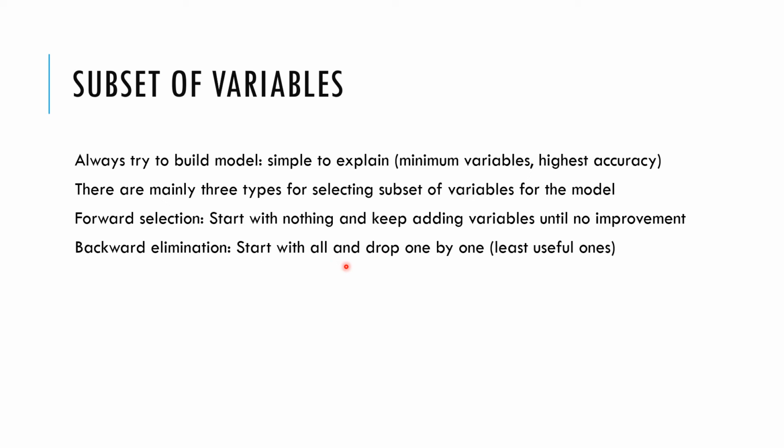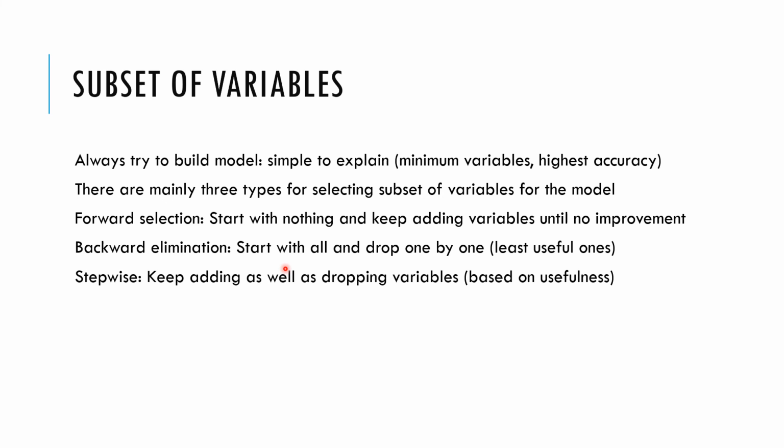So the next model will drop one variable, the variable which is least useful, depending on p value and R square value and so many other factors. So we keep dropping, and then finally we reach a point where we have included all the useful variables and let go of all the least useful variables.